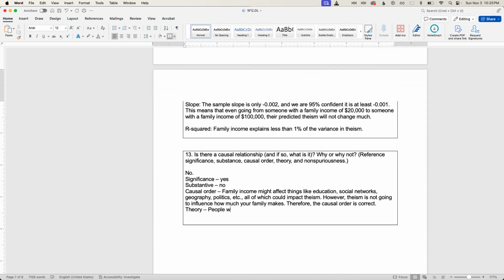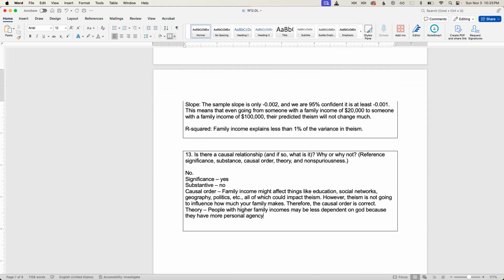So people with higher family incomes may be less dependent on God because they have more personal agency, and so don't attribute as much to a higher power. Okay, so I want to again explain what might be going on in terms of why we found that people with higher incomes had slightly lower theistic beliefs on average.